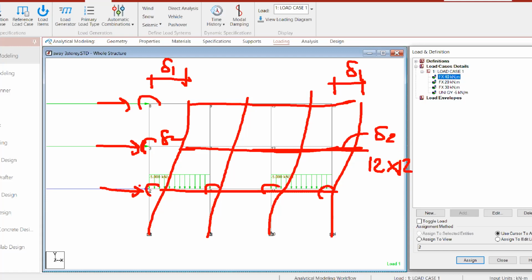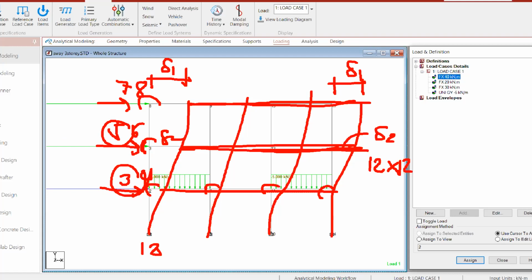So that means our code here, remember this is 1, 2, 3, 4, 5, 6, 7, 8. We will now treat all the lateral displacement on the second floor as code 3, all the lateral displacements on the third floor as code 5, and all the lateral displacements on the fourth floor as code 7.